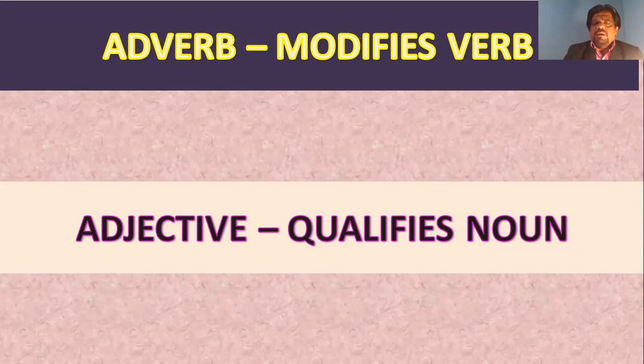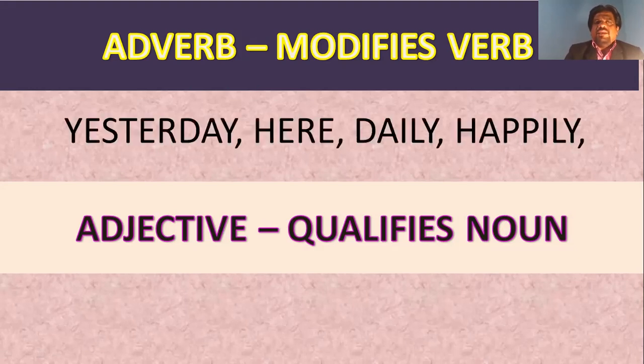For example, the adverb tells us when, where, how often an action is done. And adjectives add to the meaning of a noun. So adverbs, for example, tell when an action is done, where an action is done, how often an action is done.